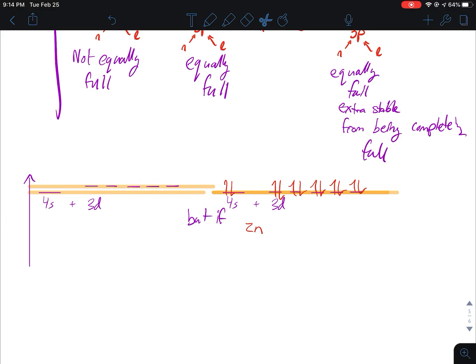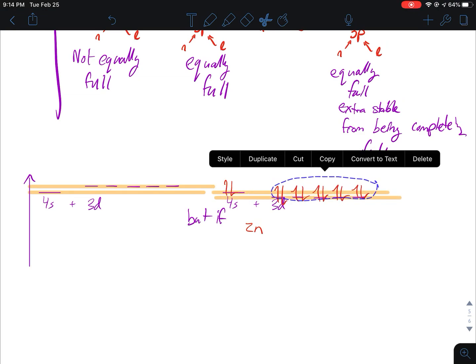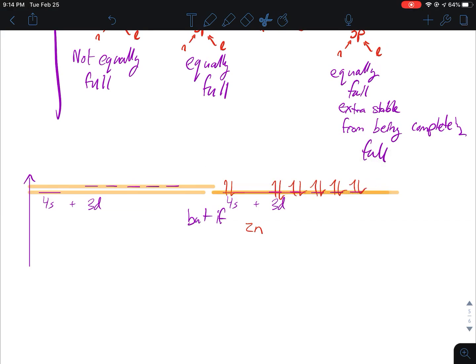And they might even drop down to the point where they're kind of on the same line. In fact, what we actually do find is that these even drop down a little bit lower, and they become very, very stable, very difficult to do any chemistry with. And that's why the 4s orbital is so much more reactive. Or another reason why the 4s orbital is reactive. Okay, so let's put them right here.